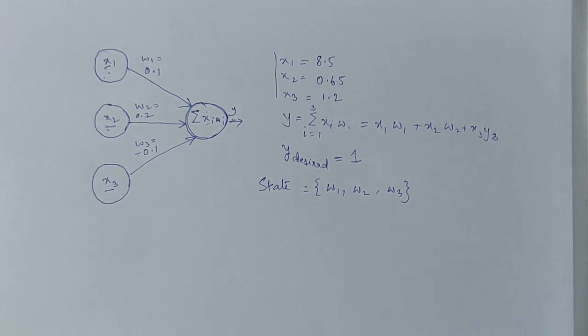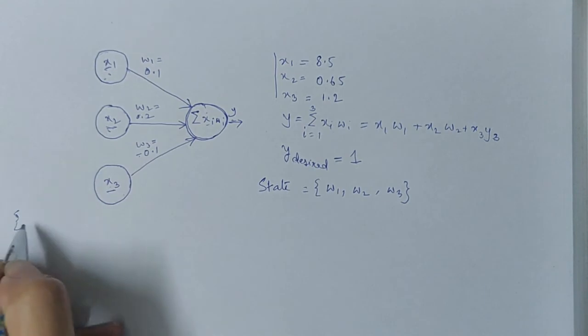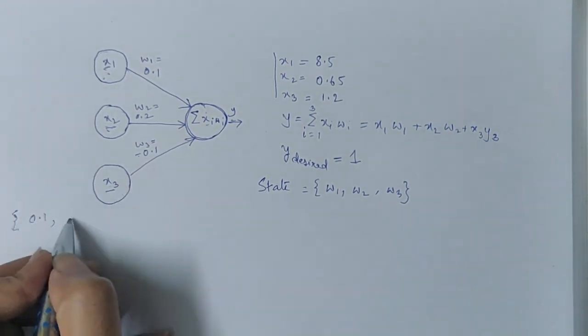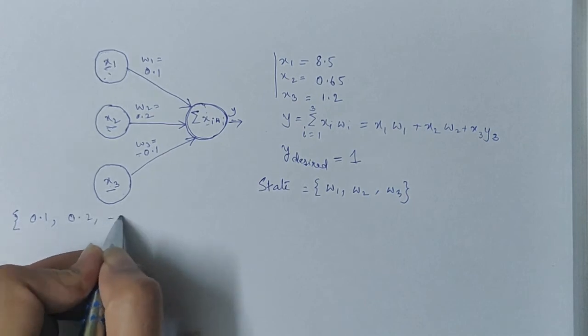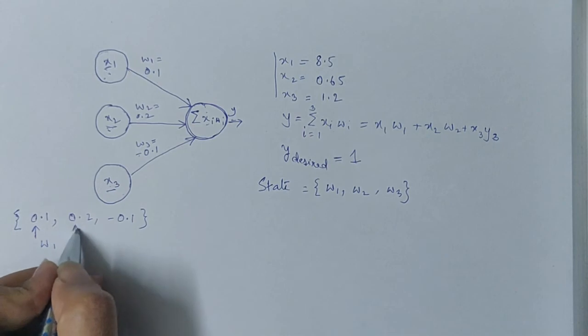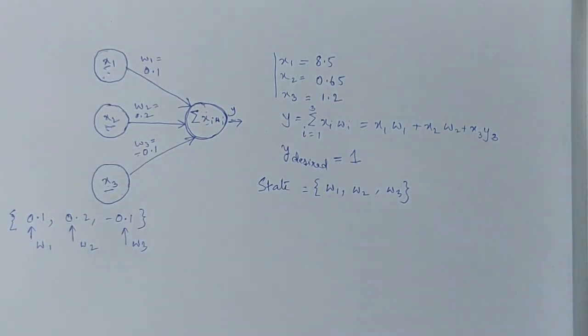So assume I start with any random state, and you can start with anything. I have started with the initial state as 0.1, 0.2, minus 0.1, meaning this is w1, this is w2, this is w3, right?